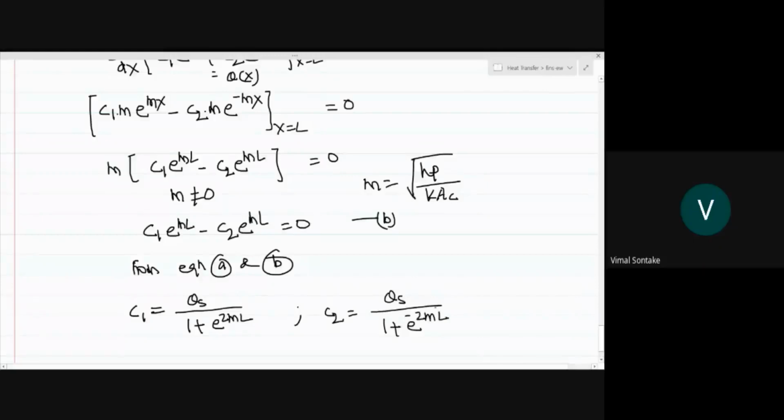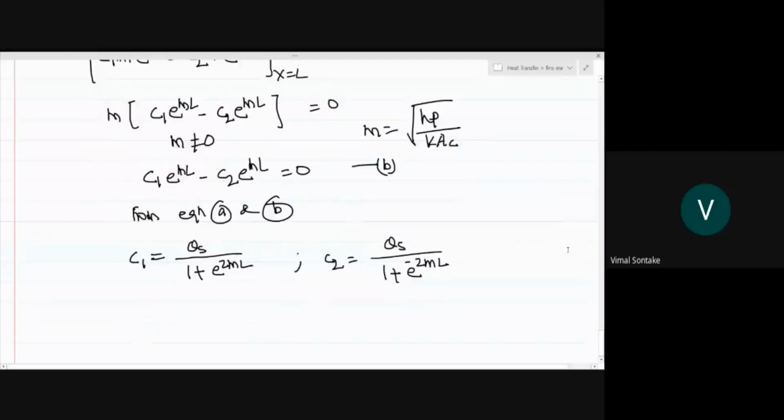So these are the values of constants C1 and C2. And as you can see here, C1 can be expressed in terms of ml and theta s, which are known to me, similarly C2. So all the parameters here are known to me basically.